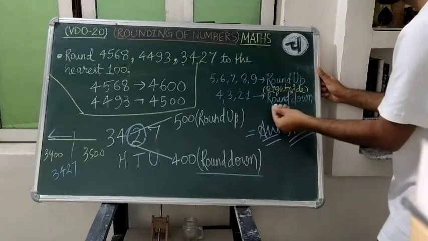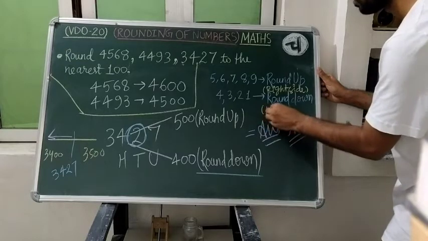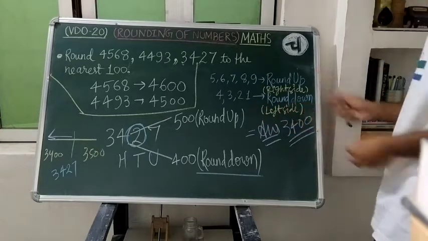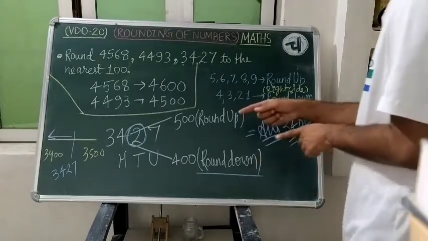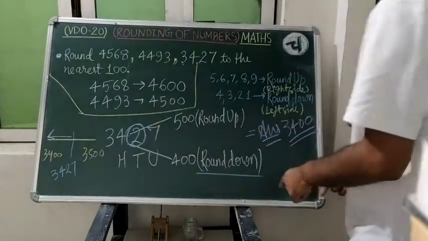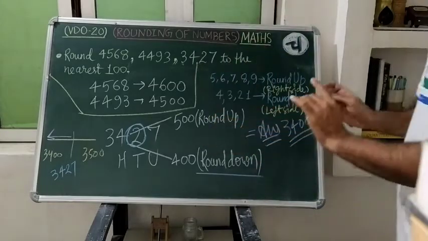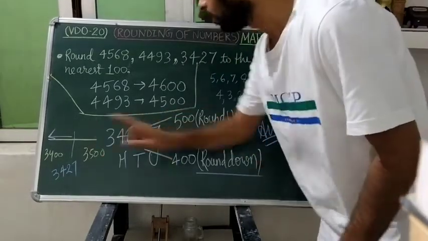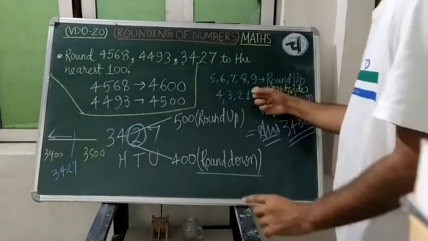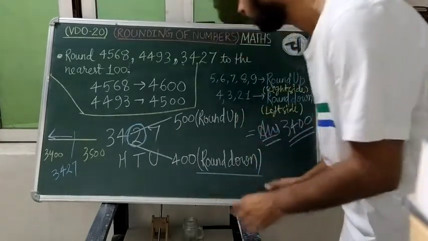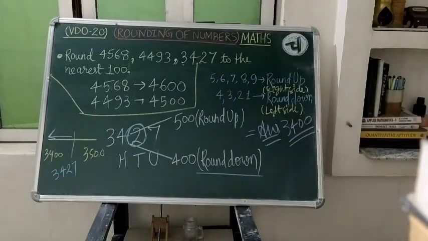For round down, left side. It's the general way. Now, miss, I have represented this line horizontally. If you represent it vertically, that meaning will get changed. But now you can ignore this right side, left side. This thing should be clear to you. Okay. So it's the second problem.